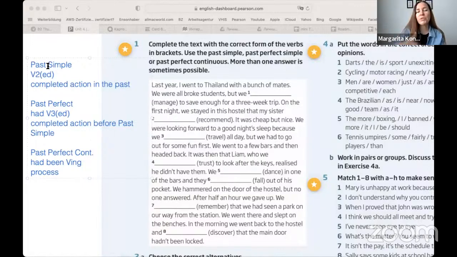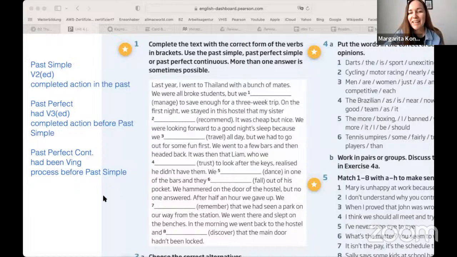So it always has to be before past simple. Process before past simple. The idea of past perfect and past perfect continuous is to show that it was happening before past simple, so they were even earlier. Okay, Yekaterina, totally right.